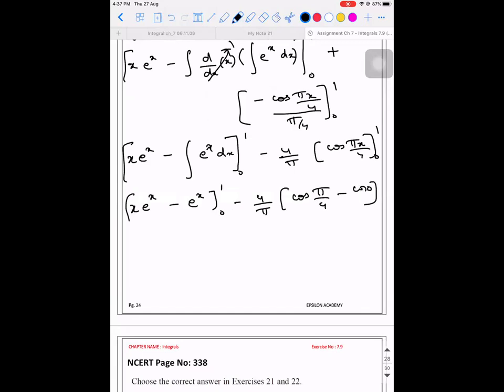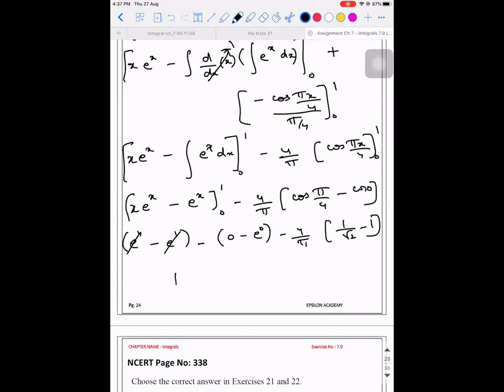So substitute the upper limit. e power 1 minus e power 1, minus 0 minus e power 0. I have substituted the limits here. Right? Minus 4 by pi into cos pi by 4 is 1 by root 2, cos 0 is 1. So this will get cancelled.